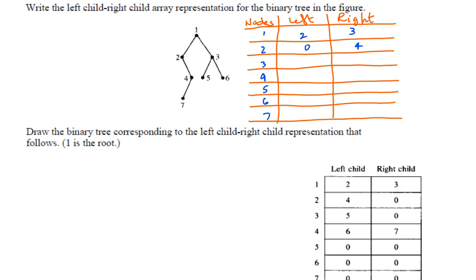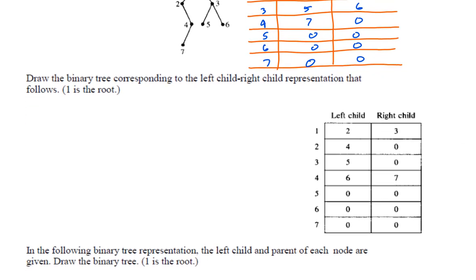Node 3 has 5 as the left child and 6 as the right child. And 4 has a left child, which is 7, but no right child. And these are leaves, so they have no children. And this is the array representation.